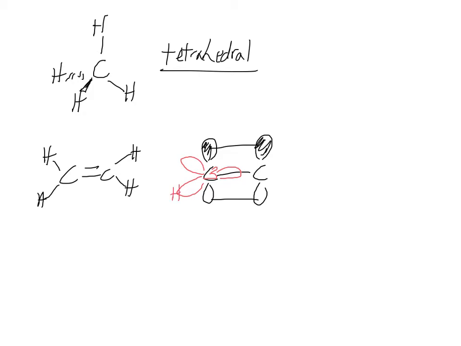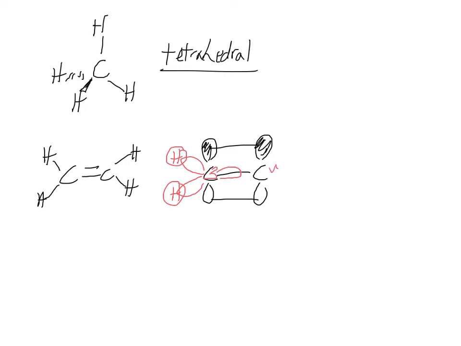And there's an H, and there's an H. Because this bond right here has a pi bond and it has a sigma bond. The p orbital is making the pi bond, and the sp2 orbitals are making the sigma bonds. So there's a sigma bond to hydrogen, and then another sigma bond to carbon. That's what those orbitals are being used for.